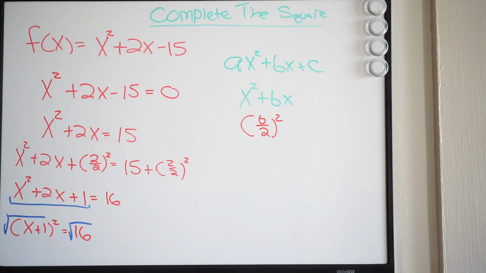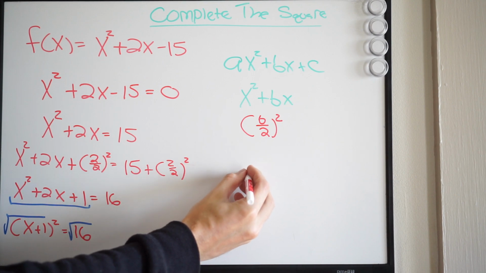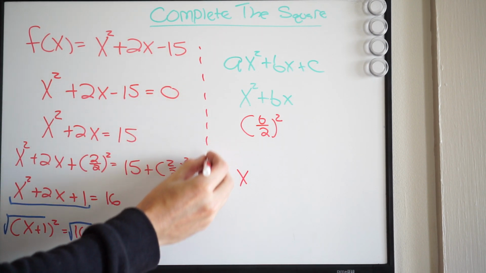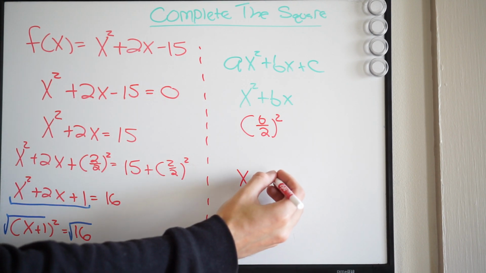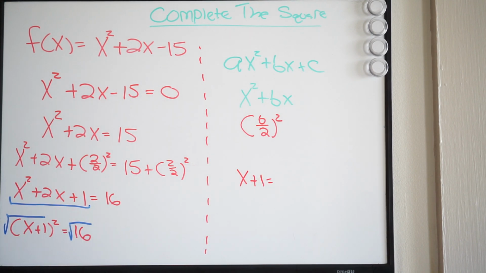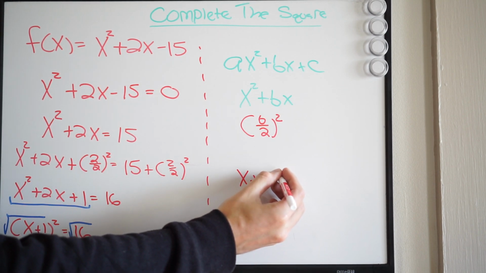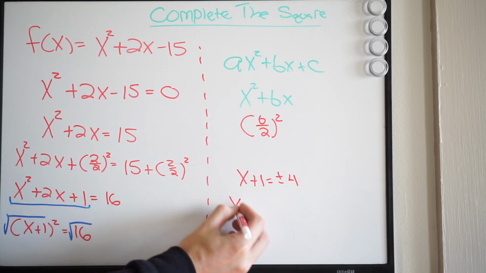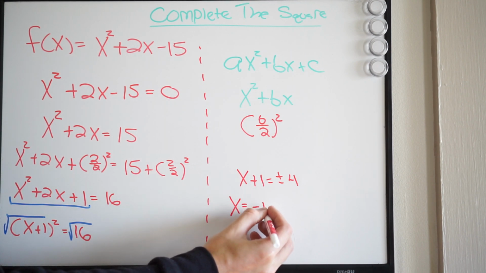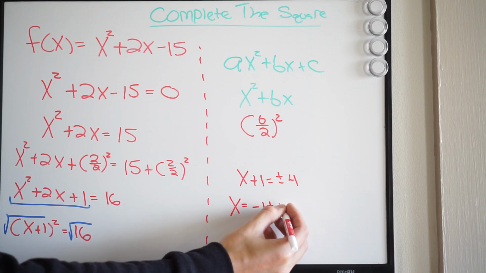Rewriting over here, we'll have x plus 1 equal to, well, the square root of 16 here is going to be plus or minus 4. And our last step is just to subtract 1 on both sides. So x equals negative 1 plus or minus 4.